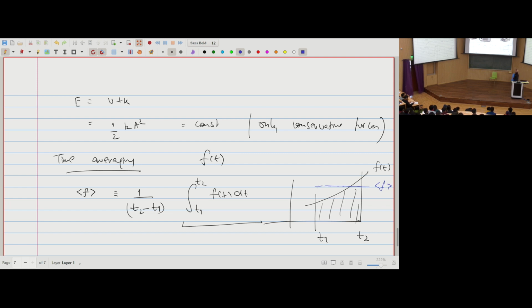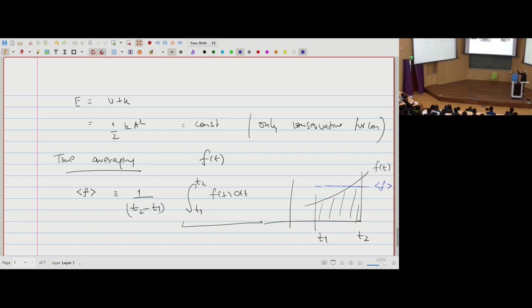The analogy is if you are filling a bucket with a pipe that is feeding water to the bucket. Now the flow rate or the velocity of the water coming out of the pipe can vary with time. That velocity as a function of time is f(t), and the amount of water that gets filled in the bucket is the area under the curve.